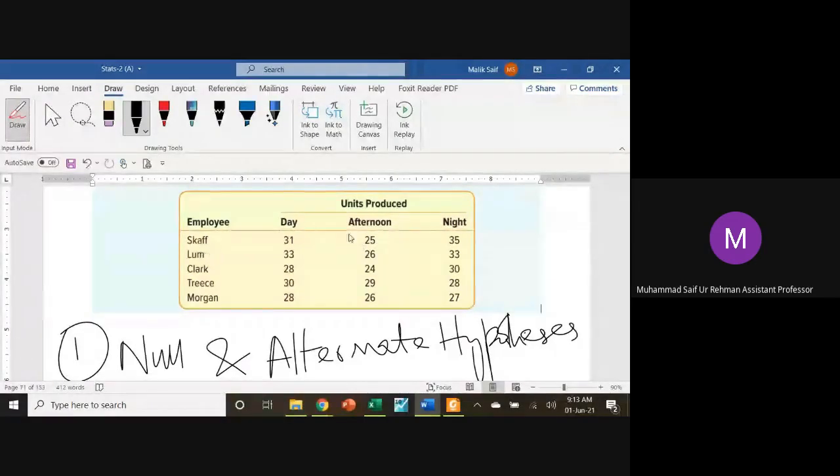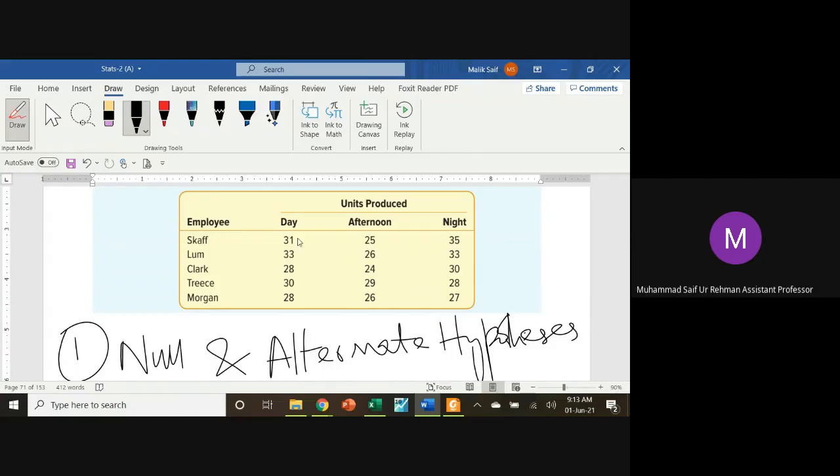When SCOF was in the night shift, he produced 35 units. So apparently 35 units are being produced by SCOF during the night shift. So mostly production is higher in SCOF's case when he is working in the night shift.